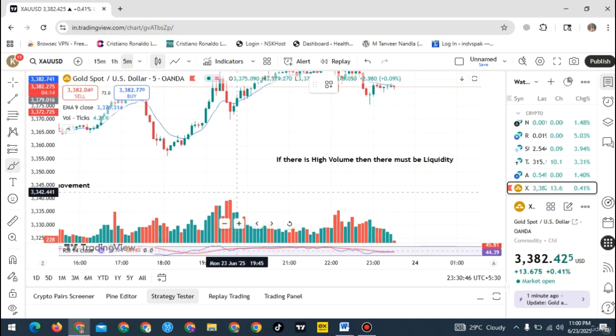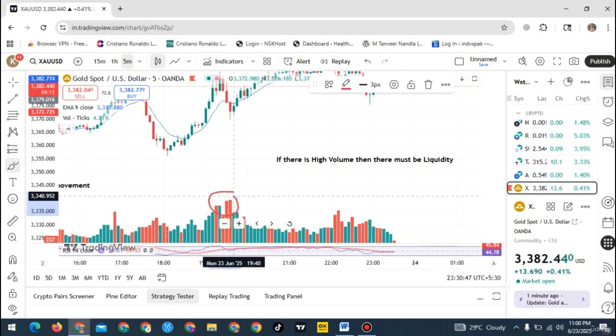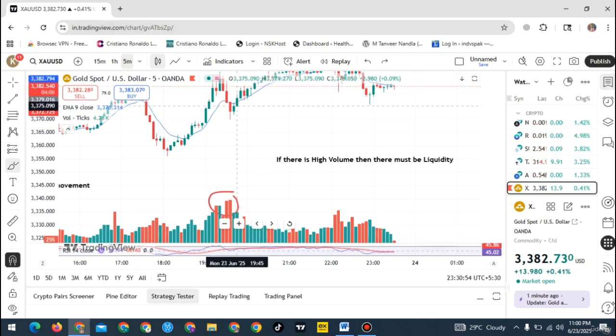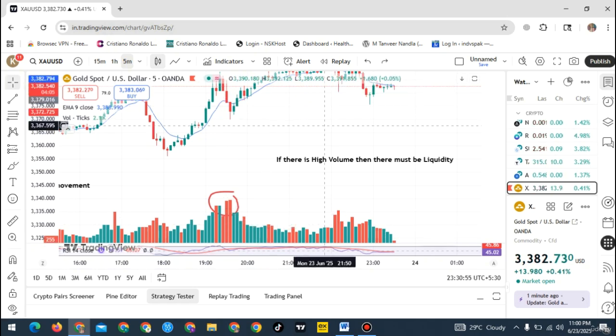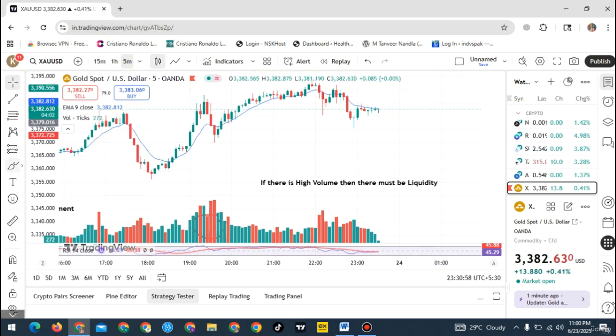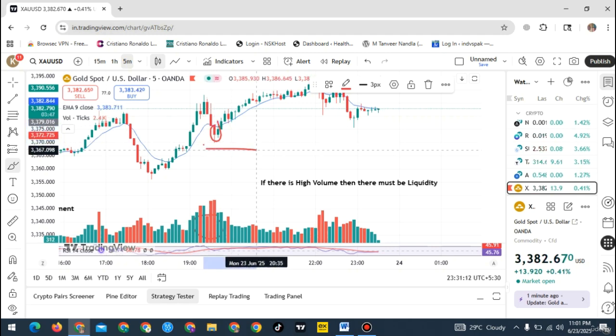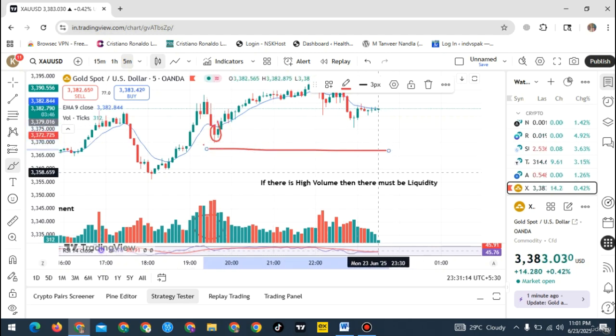Okay, now here, in this zone there is a volume. This candle shows a high volume. So below this candle, this climactic action bar volume, below this climactic action bar, there must be liquidity.